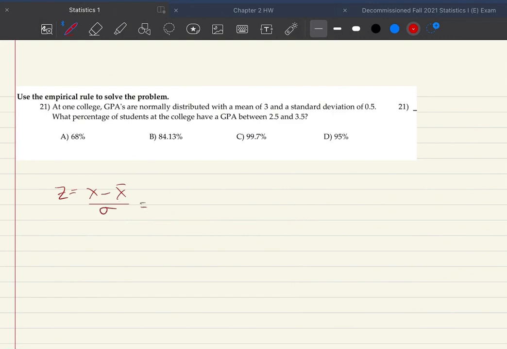The z-score will equal 2.5 minus 3 divided by 0.5, and 3.5 minus 3 divided by 0.5. The answer for this one is that the z-score will equal -1, and this one will equal 1.